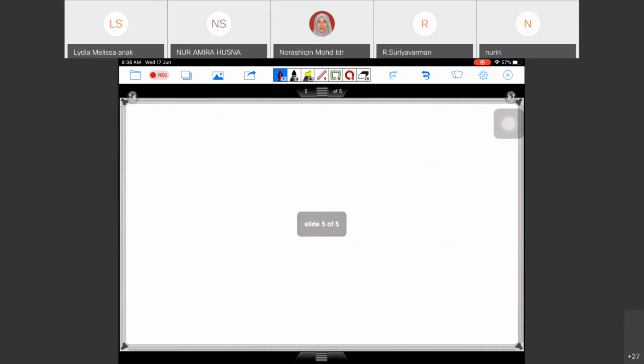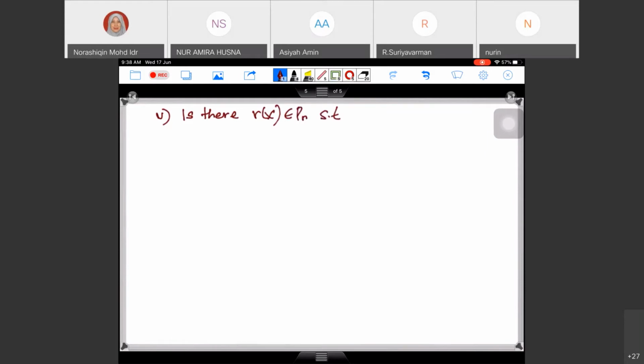Is Aisha here? Yes, doctor. Number 5. Is there an Rx polynomial of degree n such that Px plus Rx equals 0, the identity, or we can put it like this, 0x equals Rx plus Px. And then find what Rx is.